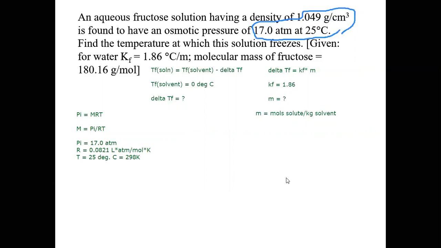So let's go ahead and do that. Molarity equals 17 divided by 0.0821 times 298.